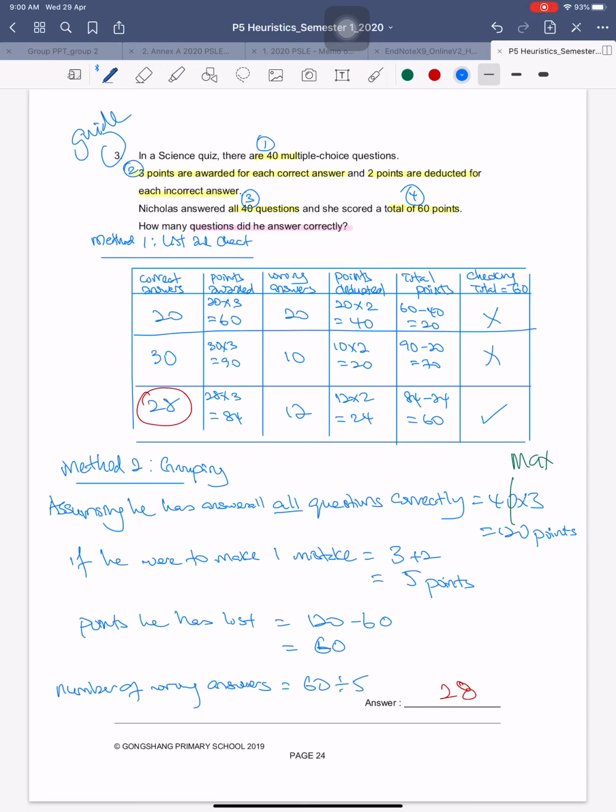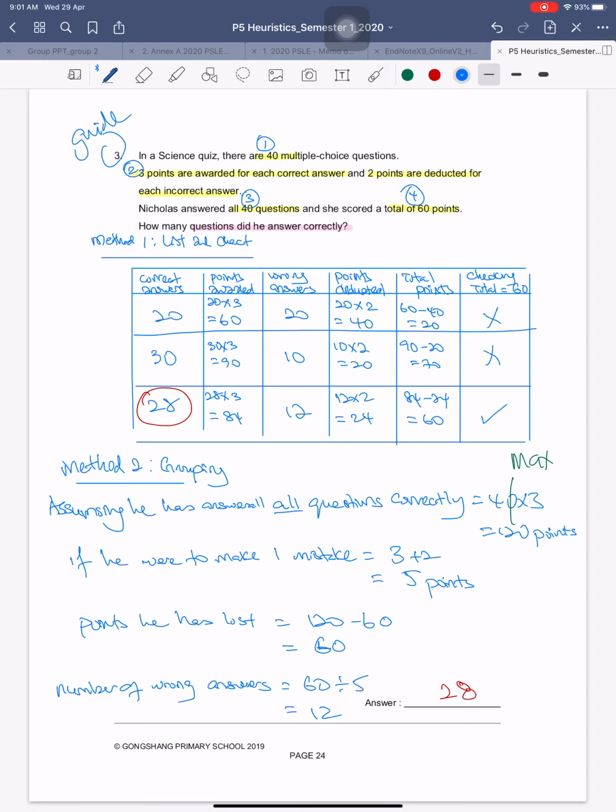One mistake he makes, he will lose 5 points. So he lost 60 points in total. If I were to divide by 5, I will get 12. That means this will be the number of wrong answers. Okay, this part might be not clear.